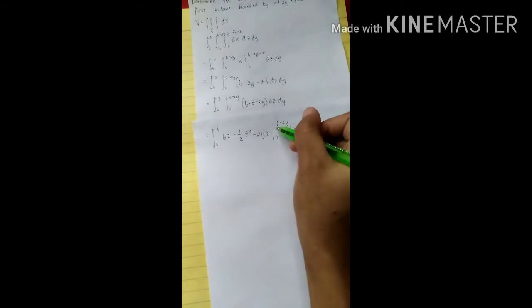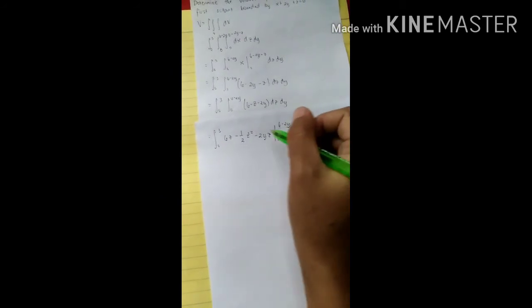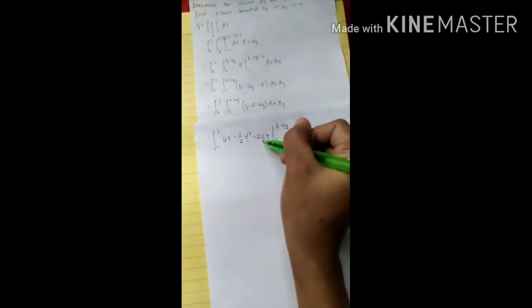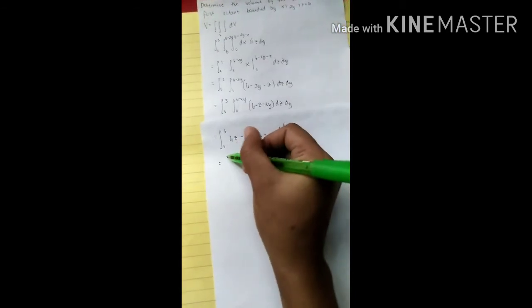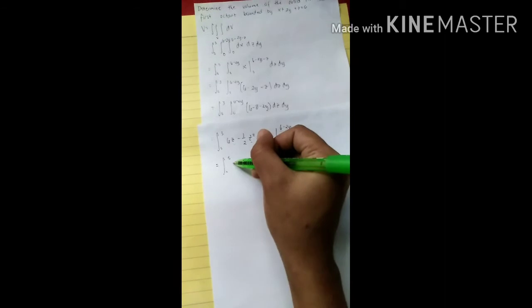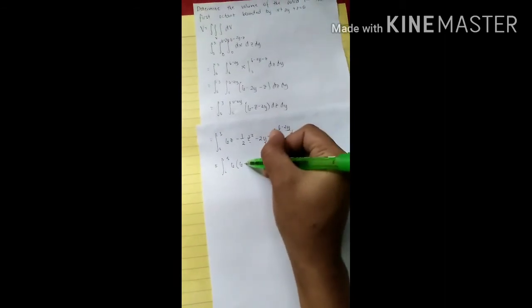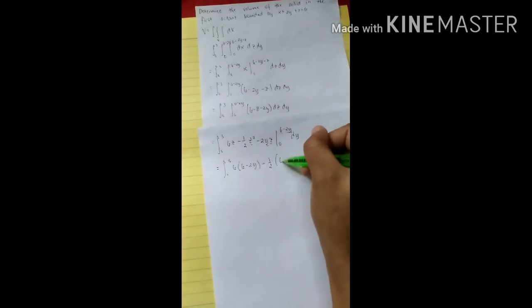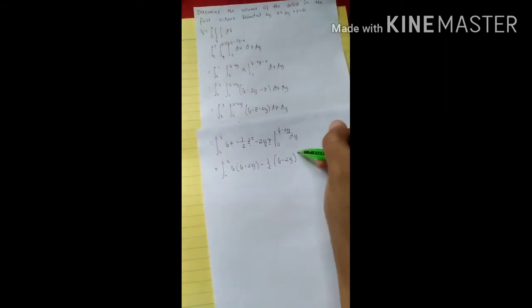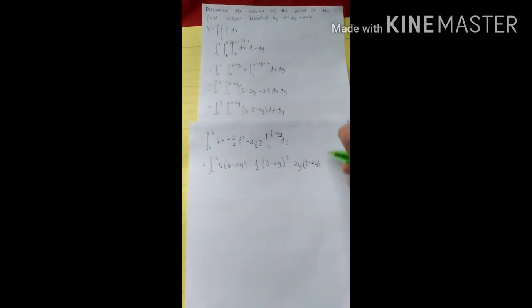So substituting this into the z, we have 6 times 6 minus 2y minus 1/2 of 6 minus 2y squared minus 2y times 6 minus 2y dy.